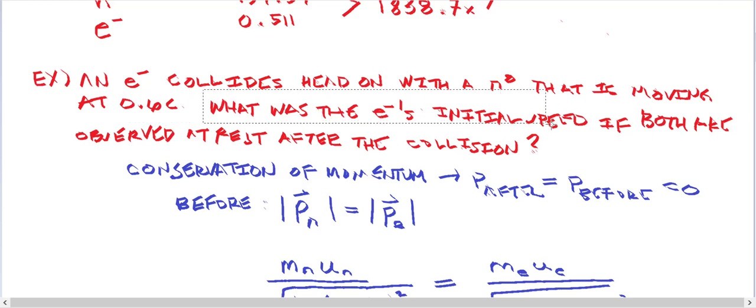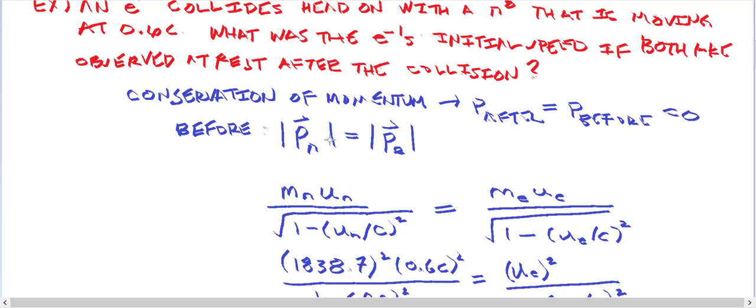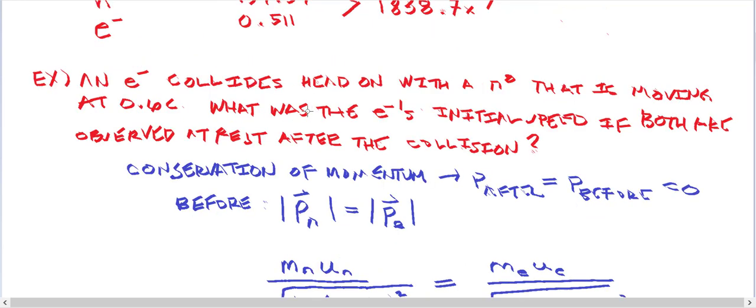We'd like to know what was the electron's initial speed if both are observed at rest after the collision. So both the neutron and the electron will be at rest in your observation frame after this collision, and you observed that before the collision, the neutron had a speed of 0.6 c.